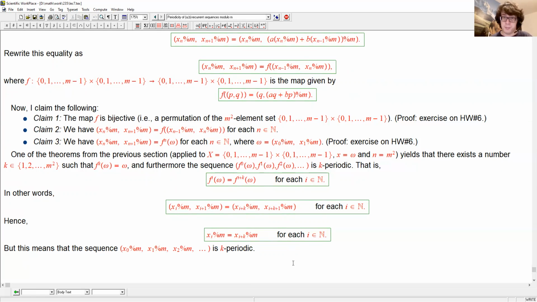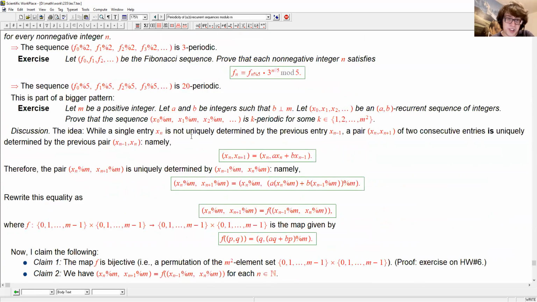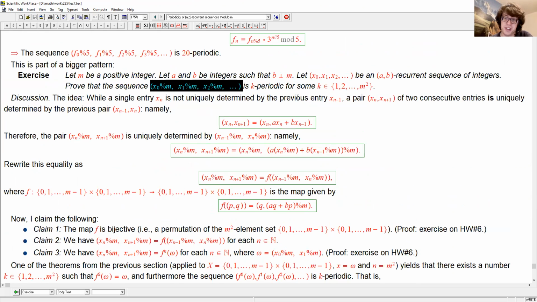And we're done. So just to recap, the sequence x_0, x_1, x_2, and so on is usually not periodic. We've seen some periodic recurrent sequences, but the average recurrent sequence will just go to infinity in some exponential way. Like the Fibonacci numbers are not periodic. But if you restrict yourselves to the remainders, they have an advantage. They're stuck in a finite set between 0 and m minus 1.